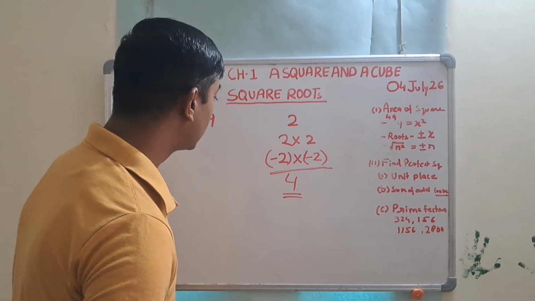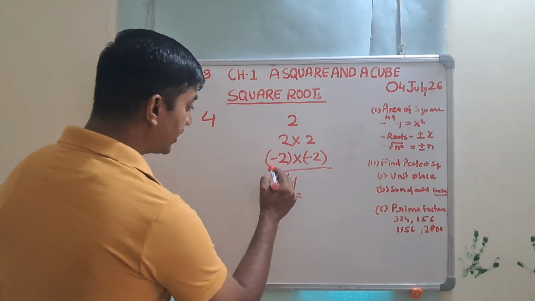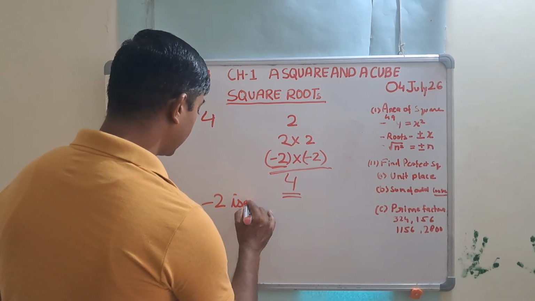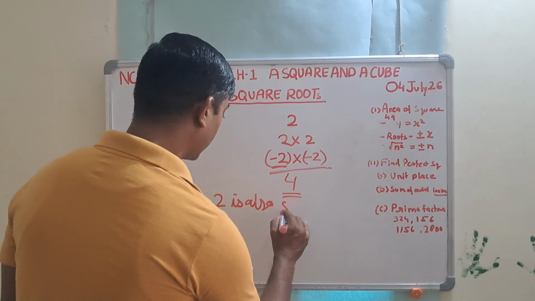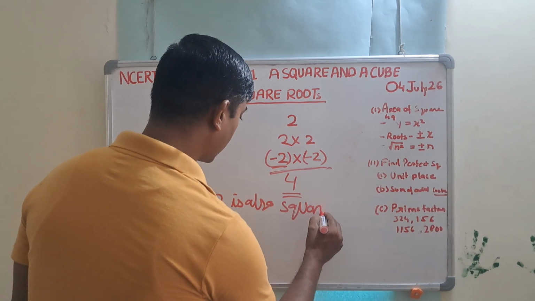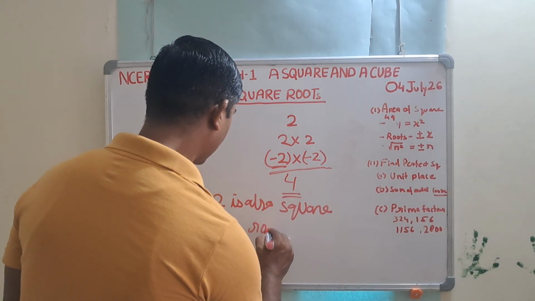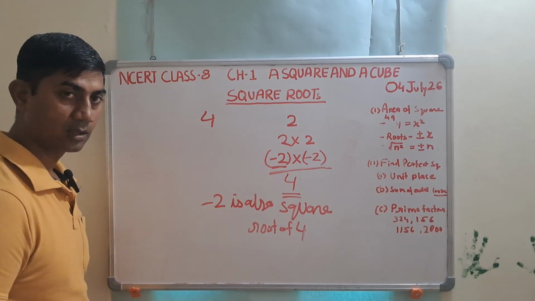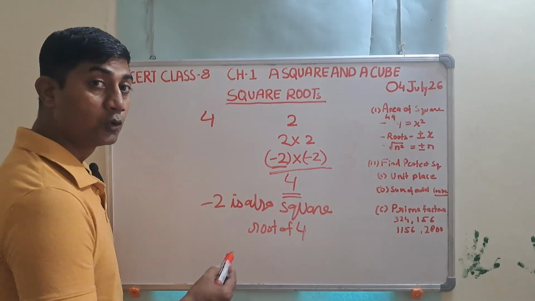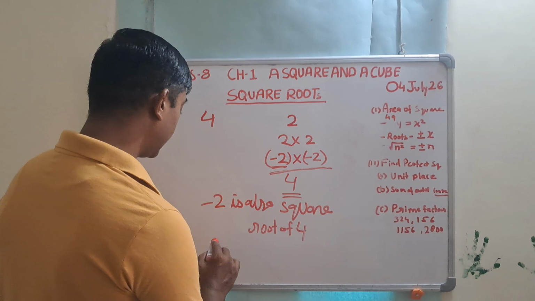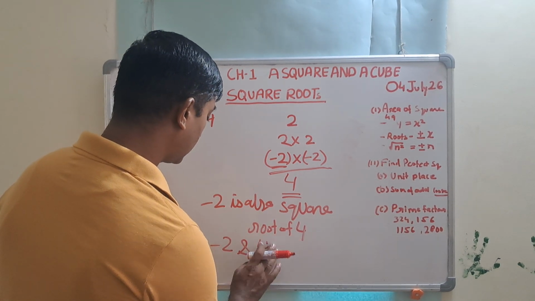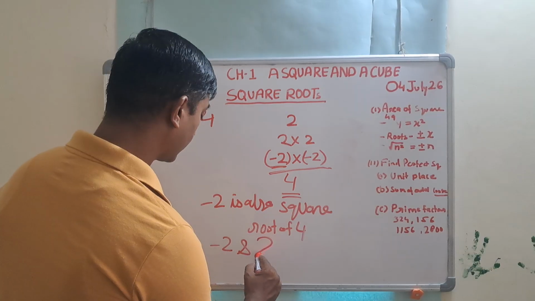This means that minus 2 is also a square root of 4. Understood? So we have two square roots, minus 2 and 2.